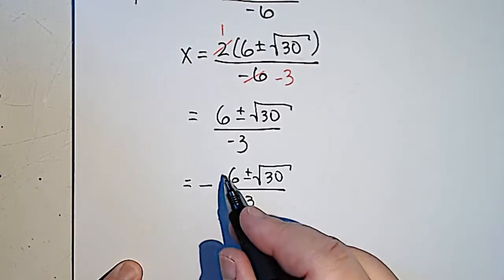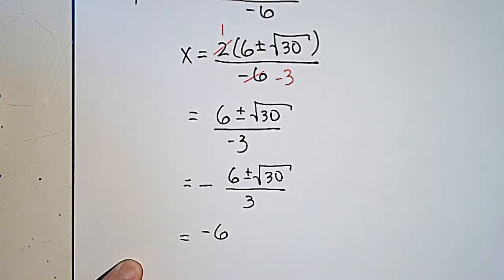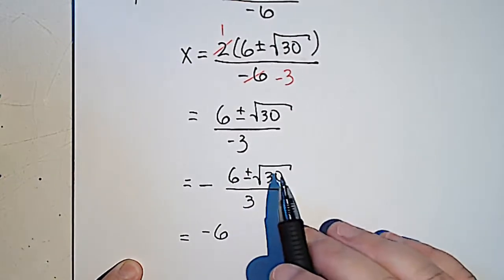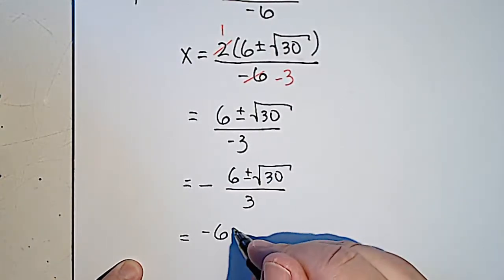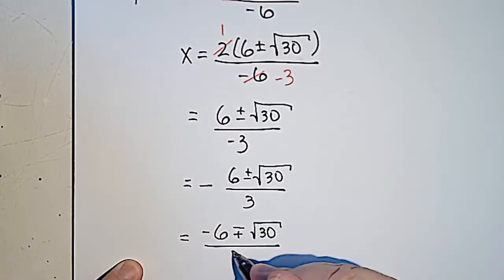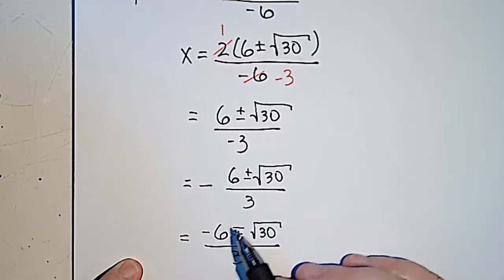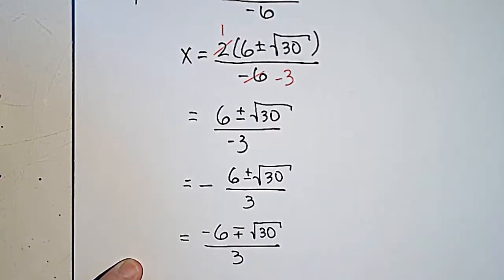I'm going to move the minus up. If I move the minus up, the 6 gets a minus, but then I also have to put the minus there. But this is plus or minus. So, and this is not universal, but a lot of people do this. We flip the order to remind ourselves the plus became a minus and the minus became a plus. It's kind of cool.